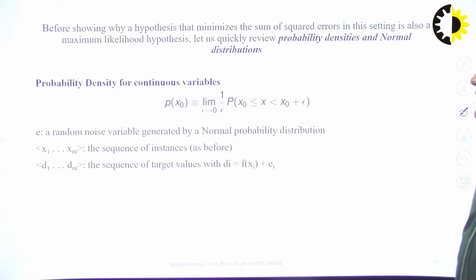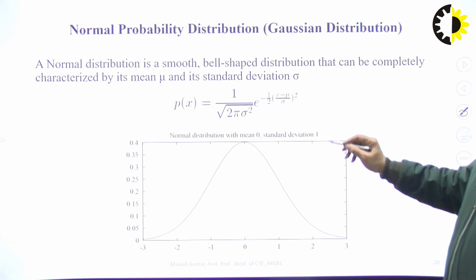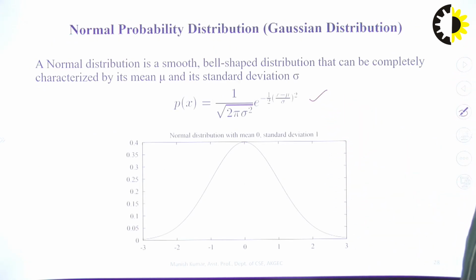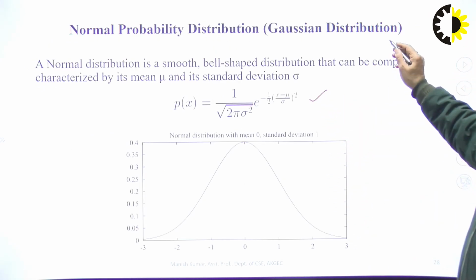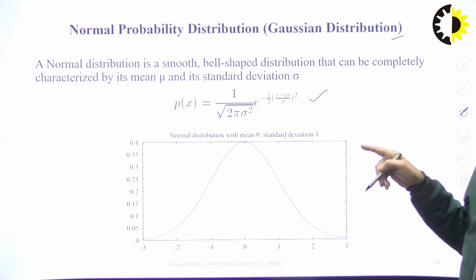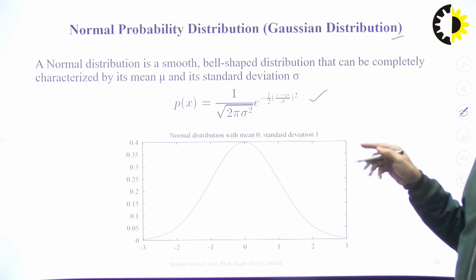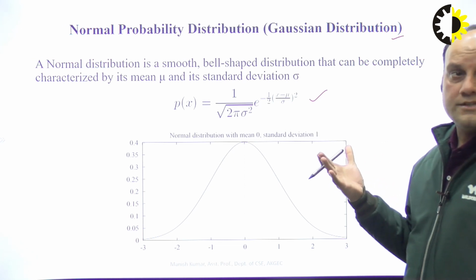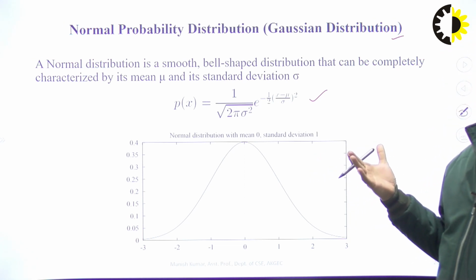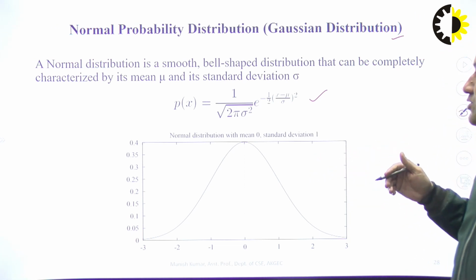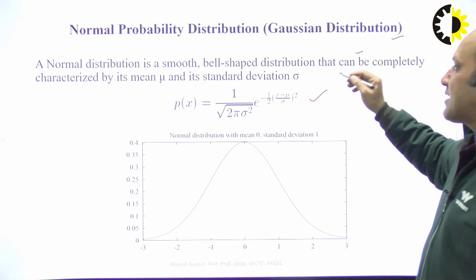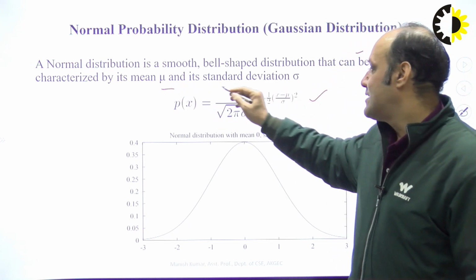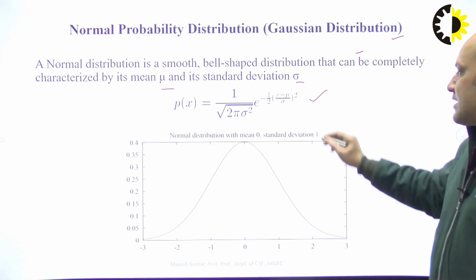So this is a normal probability distribution, because I have told you that we are considering the error as generated with this normal distribution. A normal distribution is a smooth bell-shaped distribution that can be completely characterized by its mean and its standard deviation sigma. So what is the equation of this?